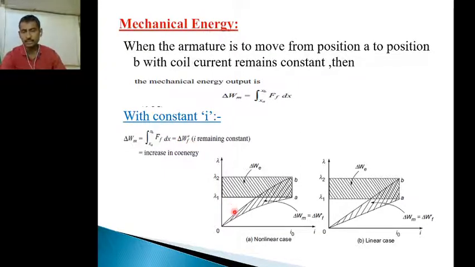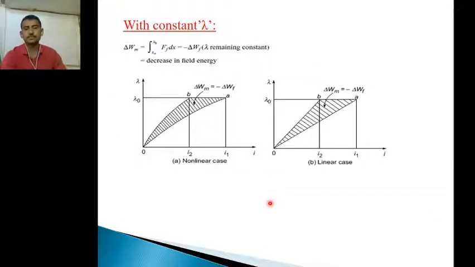That means when the armature is at position A, this is the co-energy and this is the field energy. And when the armature moves from xa to xb, this co-energy increases to this extent, so that is the identification we observed here. Similarly, for the field energy, we make lambda constant. If lambda is constant and the armature is at position A, this is the co-energy, and this one is the field energy.